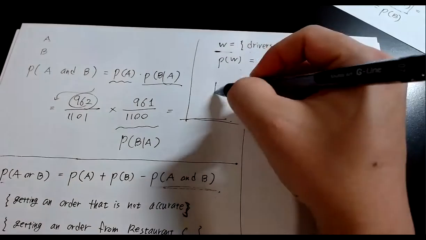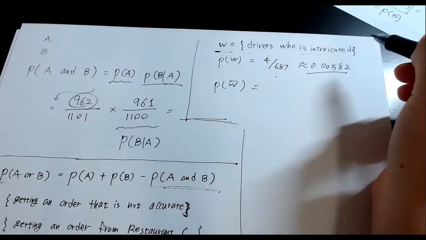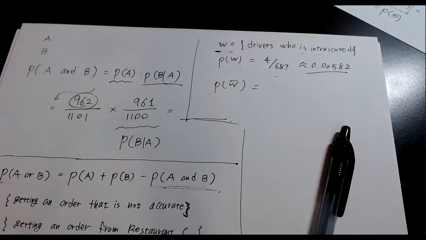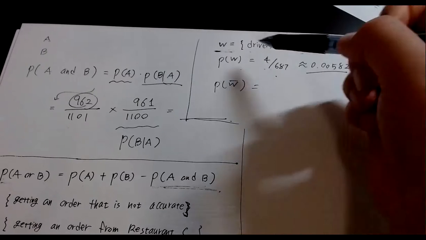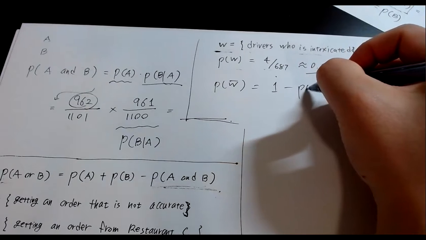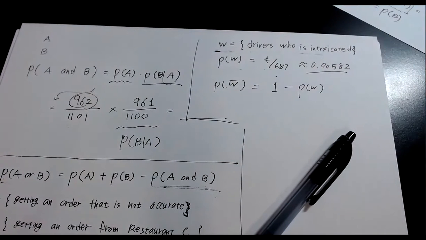Then what's P of W bar? That's the probability that we select a driver randomly who is not intoxicated. It's simple, right? That's 1 minus P of W. The problem doesn't ask that one, but let's see.